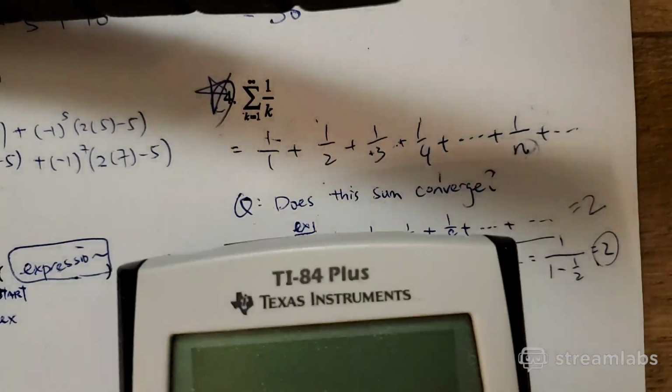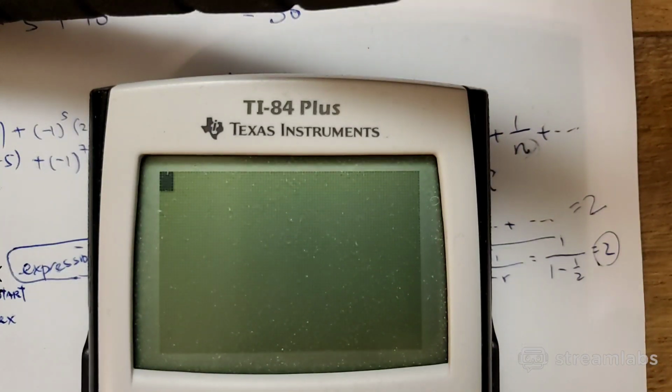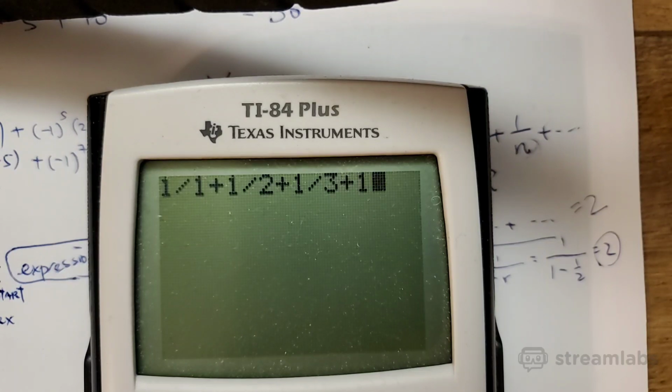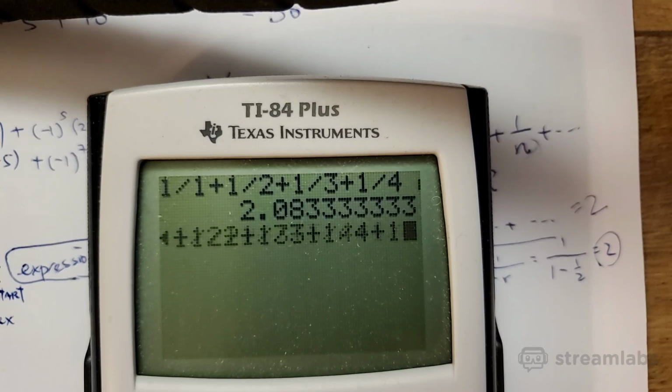All right, so I'm going to start adding, okay? 1 over 1, plus 1 over 2, plus 1 over 3, plus 1 over 4, we'll start with this, okay? It's 2.08. Sounds like it doesn't go that big, right? So let's keep going. 1 over 5 plus 1 over 6 plus 1 over 7 plus 1 over 8 plus 1 over 9.